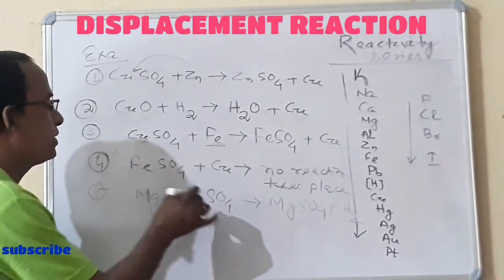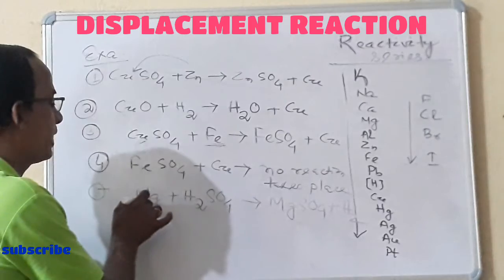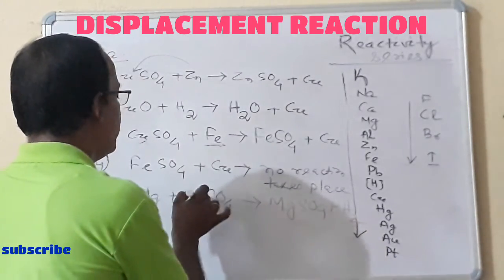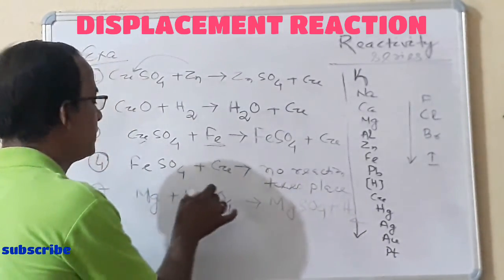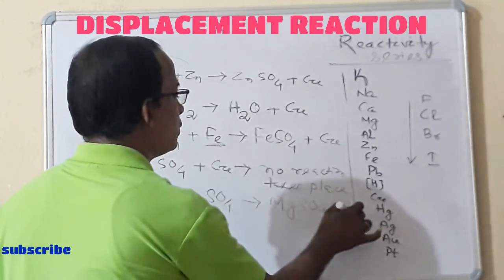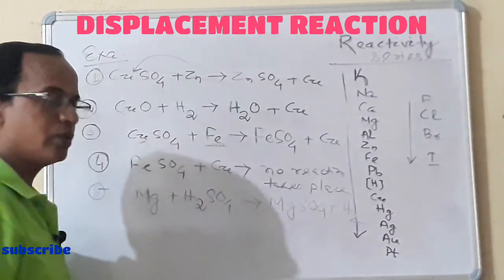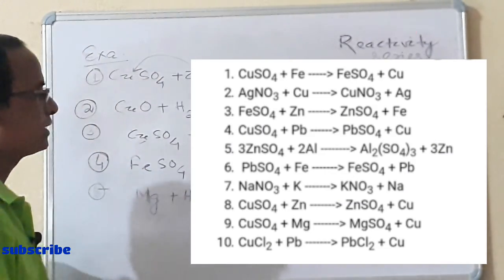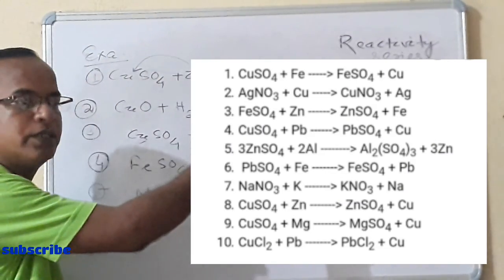Magnesium is above hydrogen in the series, so magnesium displaces hydrogen from its aqueous solution, sulfuric acid solution, to produce magnesium sulfate plus hydrogen. So this is about the displacement reaction, and let us look at some more examples of displacement reactions.